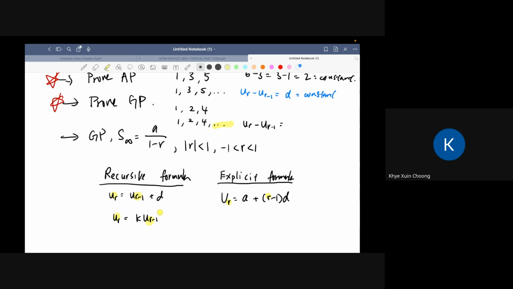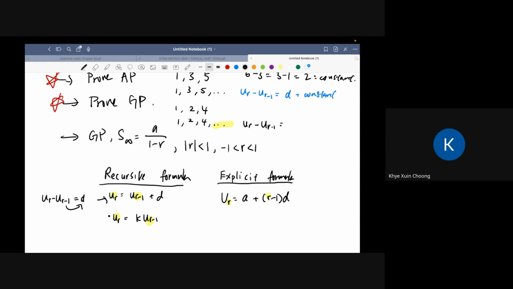For recursive formula, it always calls back its previous term. So for one of the simplest recursive formulas that it will ask you to derive, you need to see that if the sequence is an arithmetic progression, then you use the property of arithmetic progression, which is U_r minus U_(r-1) is a common difference. Then you just rearrange this U_(r-1) to the back, and you will get the recursive formula.